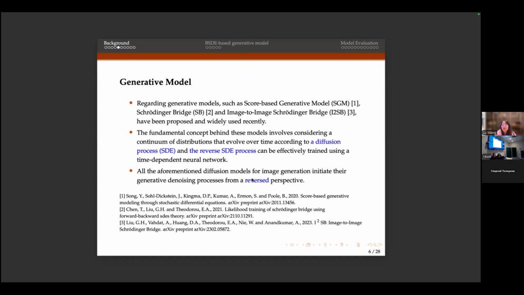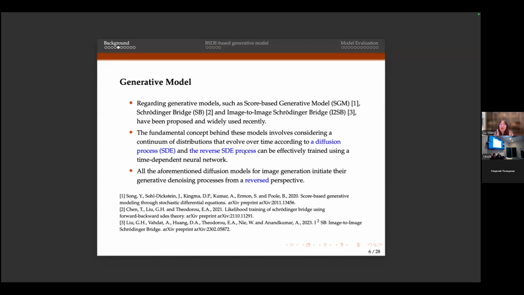In recent years, several generative models have been proposed and widely used in various applications, including score-based generative models, which are a version of diffusion model, and also the Schrödinger bridge, which solves the problem when the distribution is not Gaussian. There is a lot of work on this.